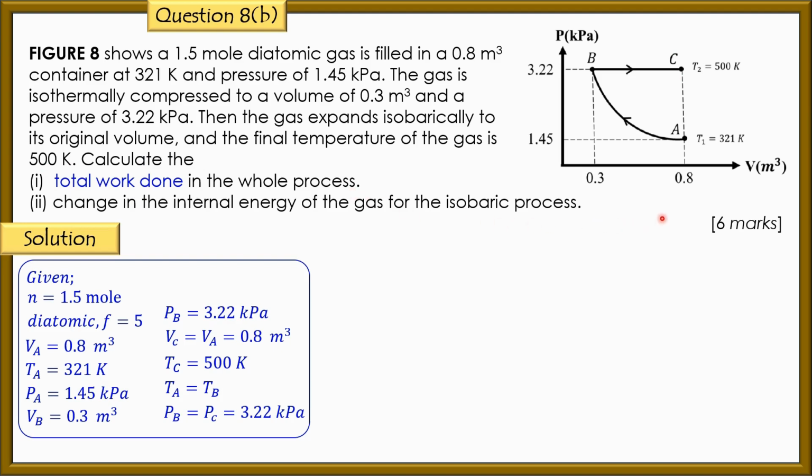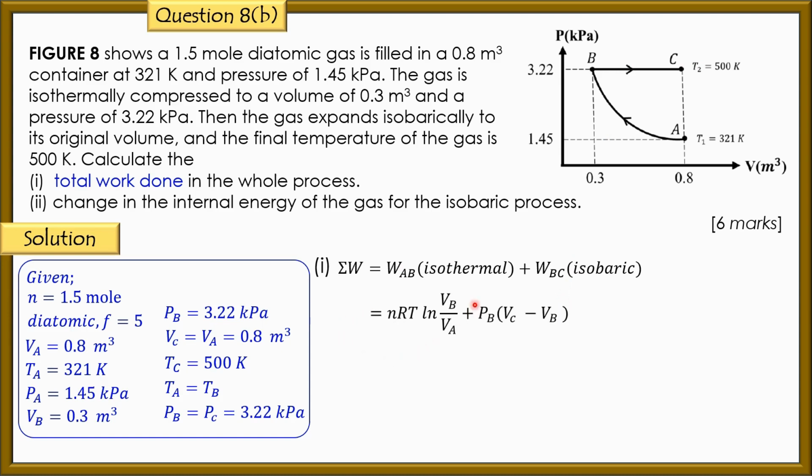To calculate the total work done, actually there are two thermodynamic processes here, isothermal compression and also isobaric expansion. So the total work done is equal to work done in the isothermal process plus work done in the isobaric process. For the work done in the isothermal process, the equation is nRT ln V final over V initial.